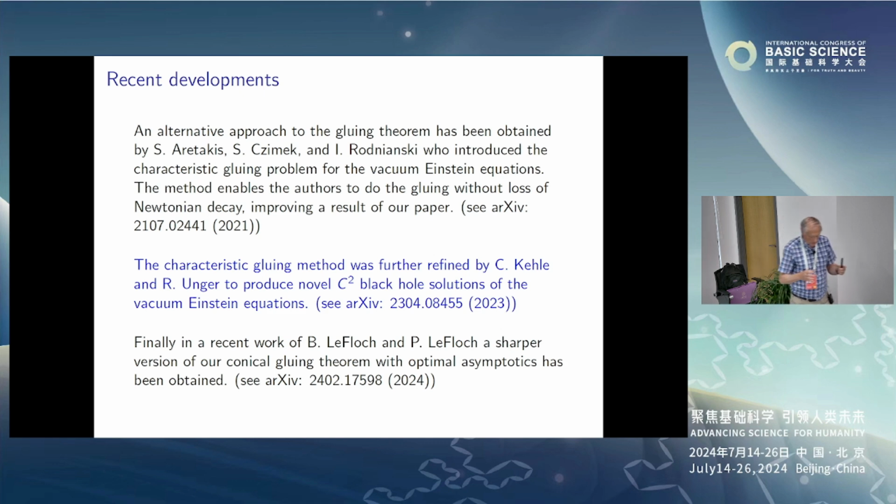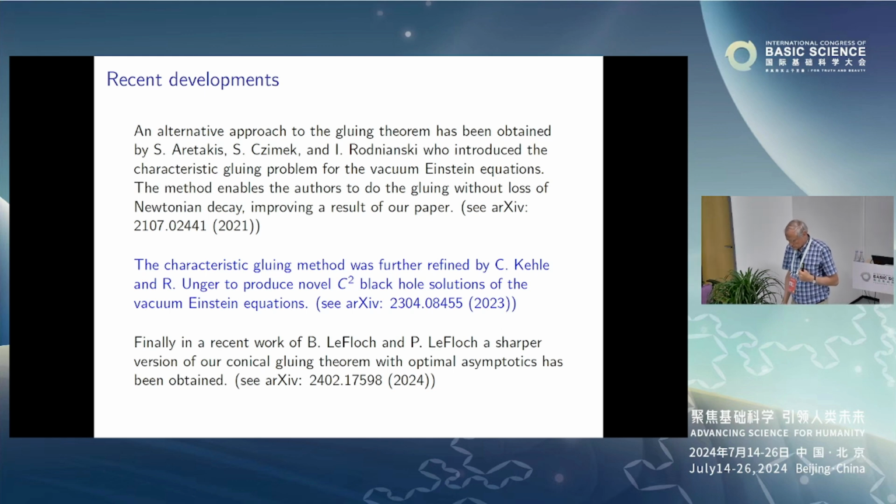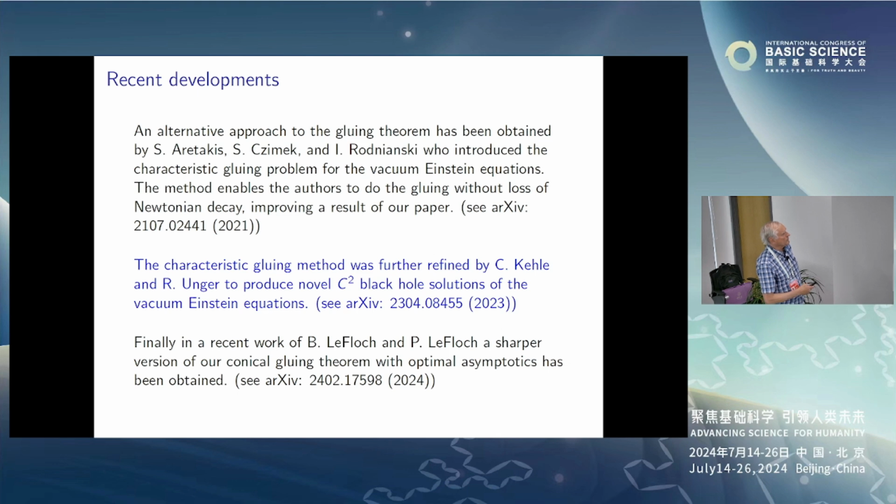If you have given data which doesn't satisfy the constraint equations and you want to perturb it so it does, you need to understand the obstructions to doing that. So there's a kind of local theorem that goes into it. And as far as I can tell, the characteristic gluing method would probably not work for that.